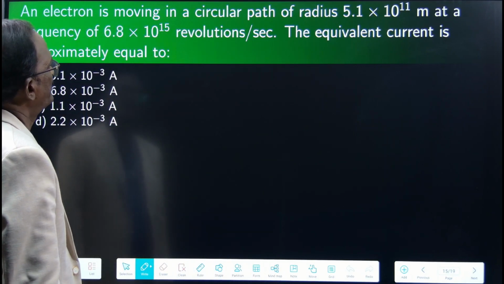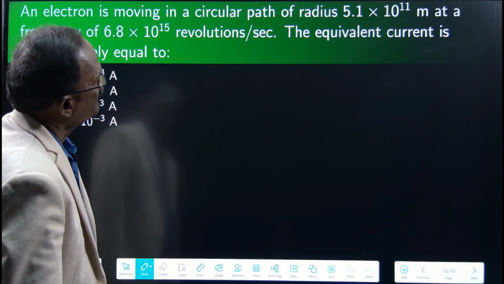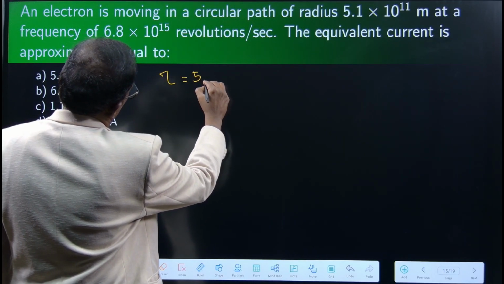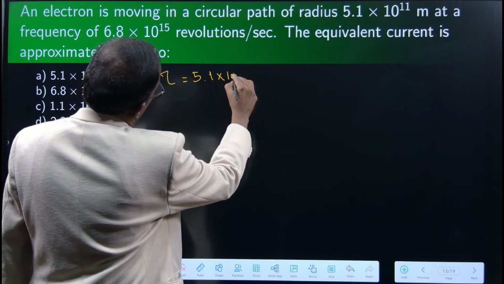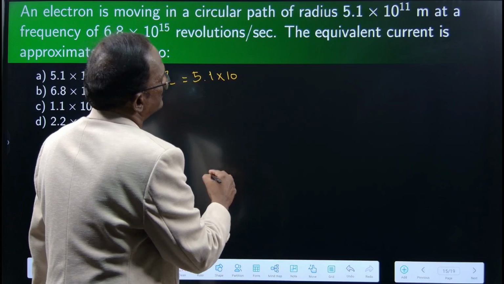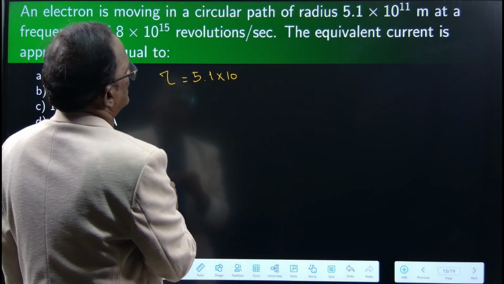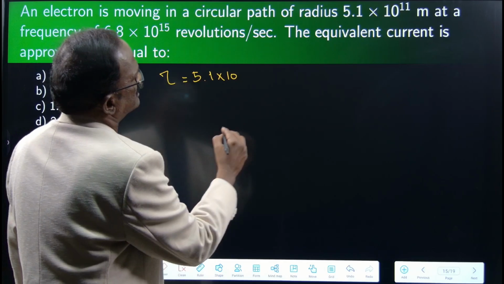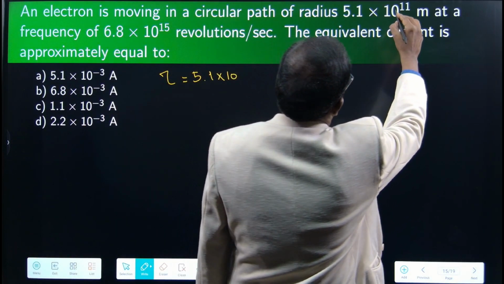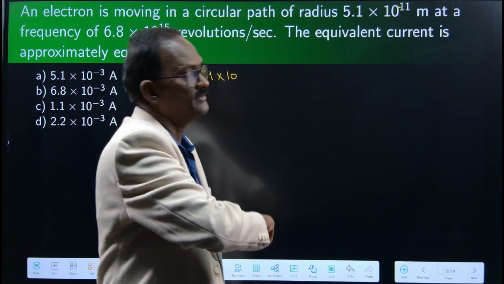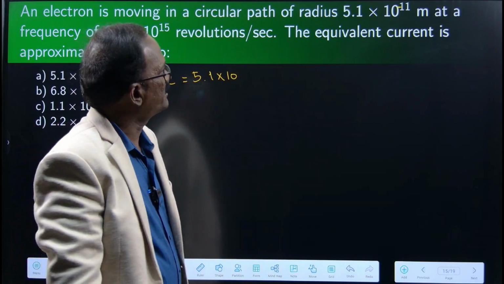An electron is moving in a circular path of radius 5.1 × 10^-11. Yes, I think there is a typing mistake: 10 to the power of 11 meter means it is a big number.